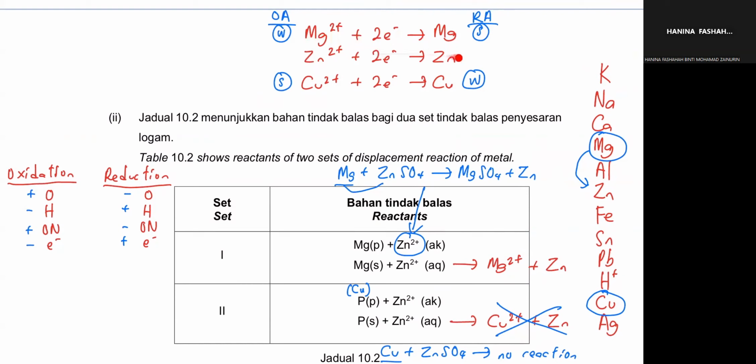Set 1 compare these two, strong reducing agent, stronger oxidizing agent. Then you can have Mg2+ and Zn. But for weak one, for example, this one Cu. Cu is weaker reducing agent. And also you have Zn2+ also. Compared to this, this one is weaker oxidizing agent. This one you cannot form.